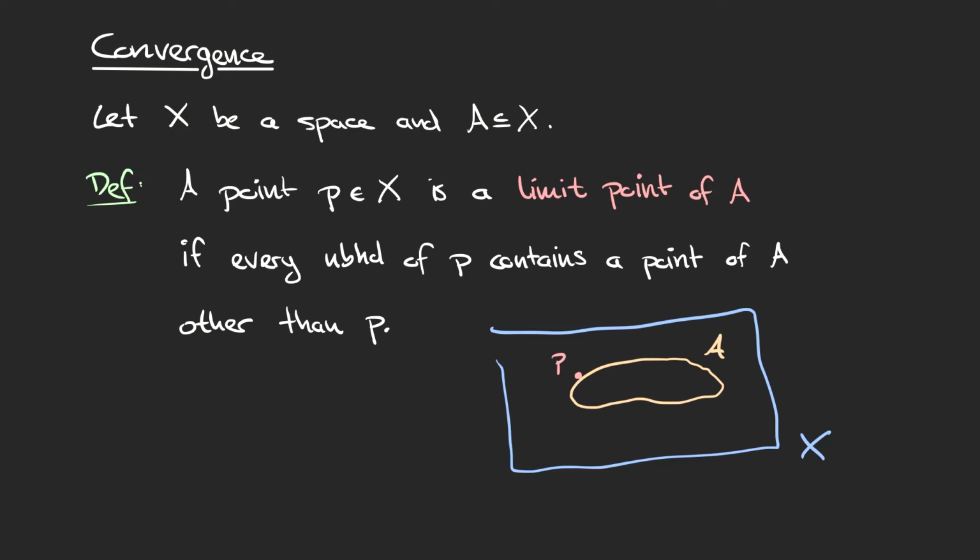For example, P might have a large neighborhood like this, and clearly this would intersect the set A in at least one point other than P itself.